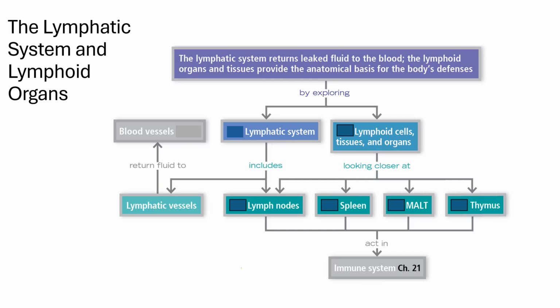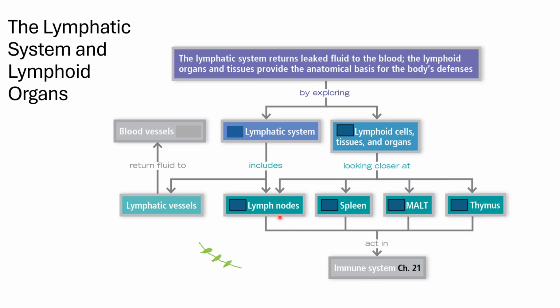So if this is a lymphatic vessel moving along, then there will be small lymph nodes in this pathway, and these lymph nodes, in a way, filter the lymph. So if there is any pathogen or any cell debris or dead cell, they try to remove it. Also the cancer cells, they try to remove from the lymph.